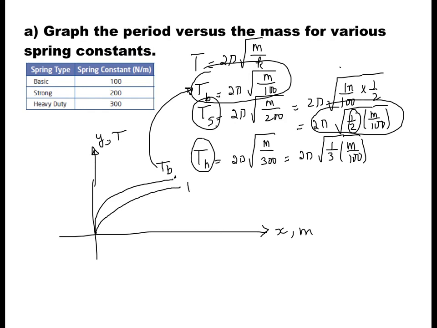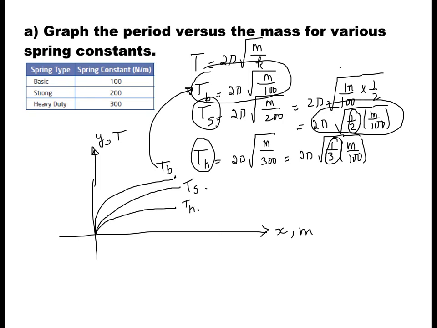So this is going to be T of S. Now for T of heavy duty, you can see that the coefficient is 1 over 3, so it's going to be again stretched along the x-axis by a factor of 3. So it's going to be something like this one.